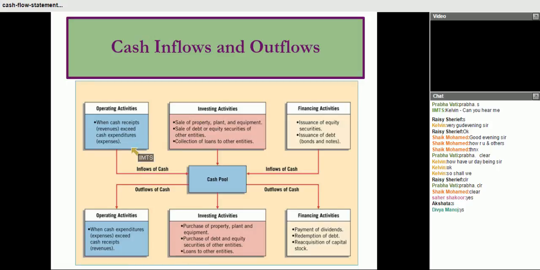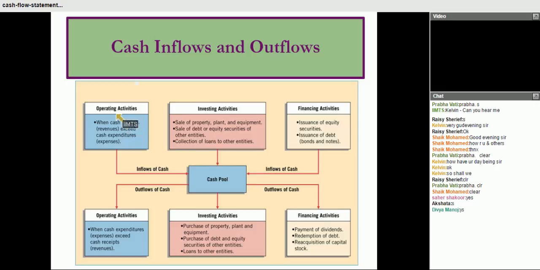So you can see this chart of cash inflow and cash outflow. Now this is the cash pool. Let's start with financing activities. Financing activities can be issuance of equity securities, issuance of debt, which can be in the form of bonds and notes. This is the inflow of cash coming into the organization.